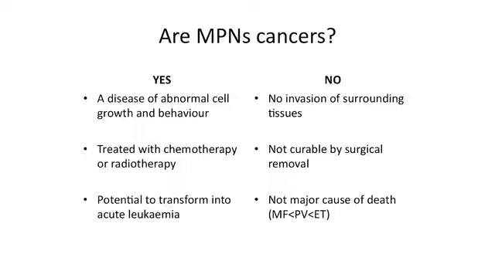But the answer to that question is actually a little more difficult than it may at first seem, because as is often the case, the answer is yes and no. For me as a pathologist, a cancer is a disease with abnormal cell growth and behavior. The cells are growing too quickly and they've taken on abnormal properties that the healthy cells shouldn't have. These are diseases that we treat with chemotherapy or radiotherapy.